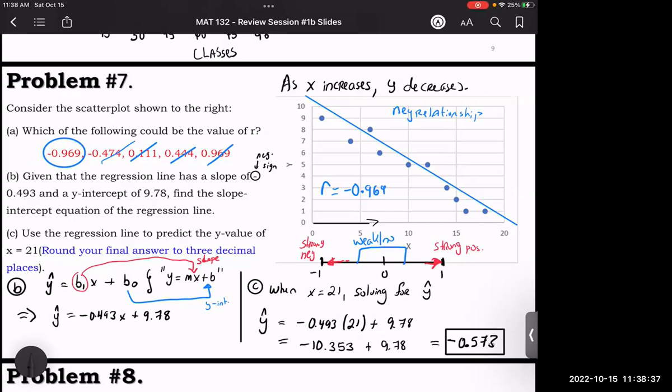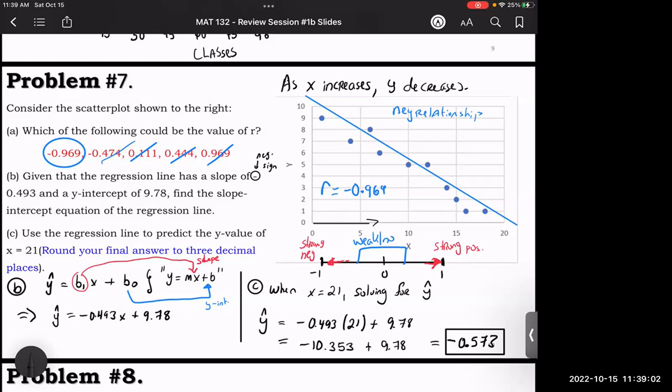I've got a question about part A. Is the answer always going to be the strong negative or the strong positive? It should be, or if there's a scatter plot where you can't recognize the correlation at all, then it should be something close to zero. It really varies. It depends on the scatter plot that you look at.